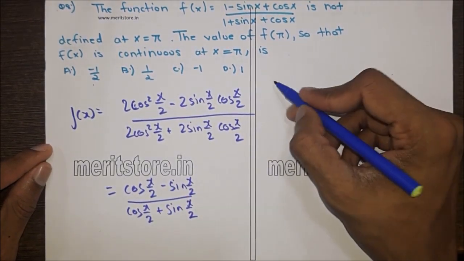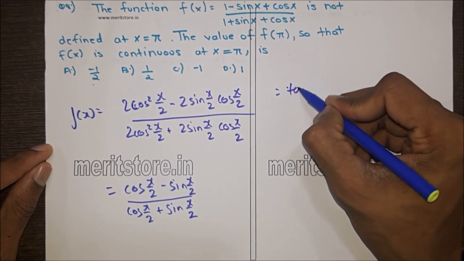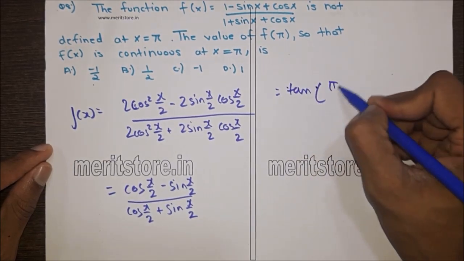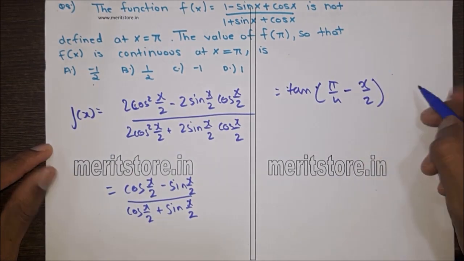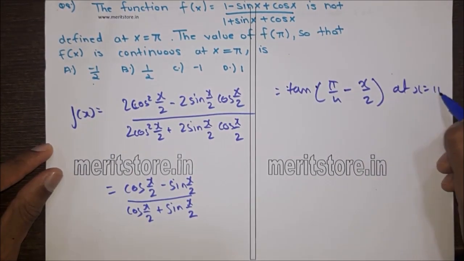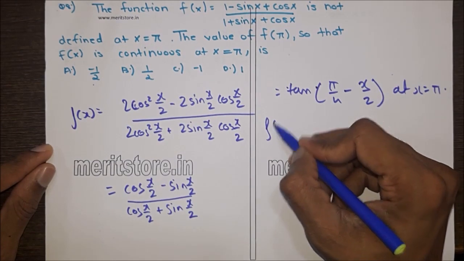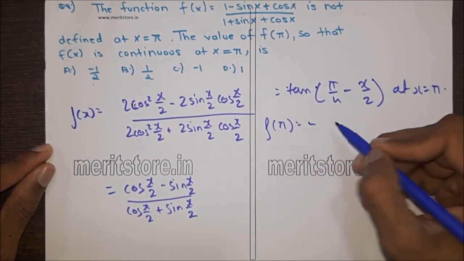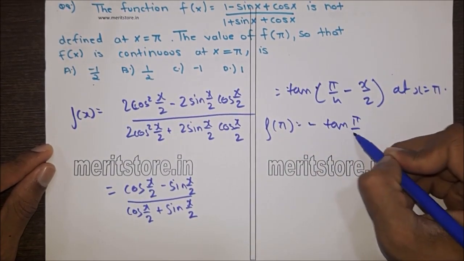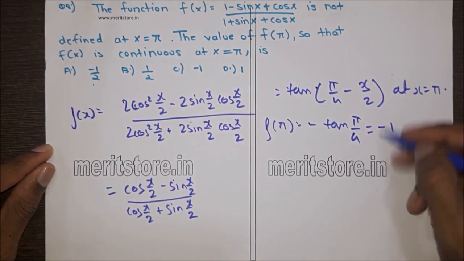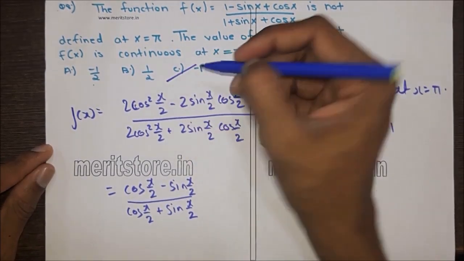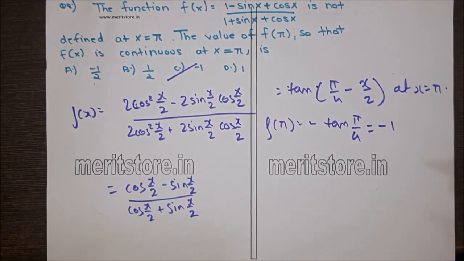Therefore, this can be written as tan(π/4 - x/2) at x = π. Therefore, we get f(π) = tan(-π/4), which is equal to -1, which is our answer and matches with option C. Therefore, option C is the correct answer.